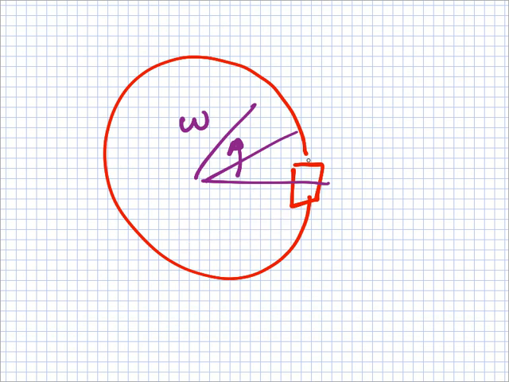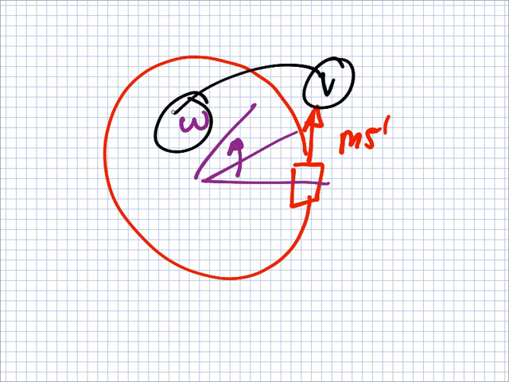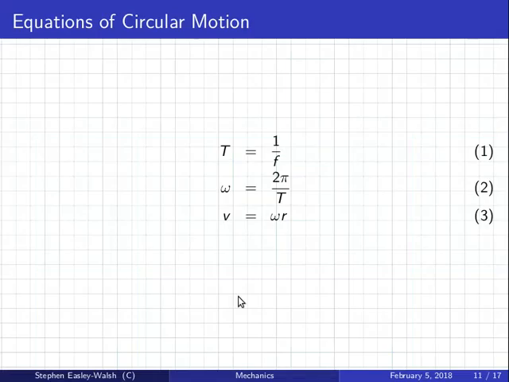The second velocity here is the meters per second, how fast the car is moving on the ground. And you can link the omega with the V. You can convert between the two by using this formula, V equals omega r. Okay, so you got that one? Yeah. Right, next formula. The acceleration equals V squared over r.